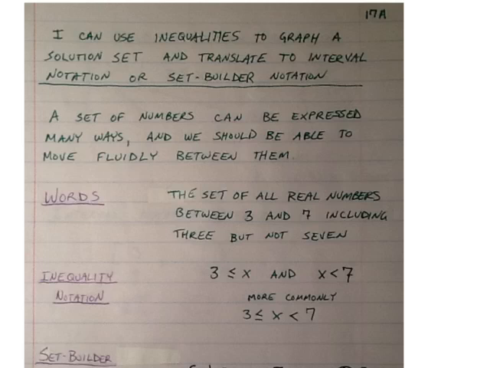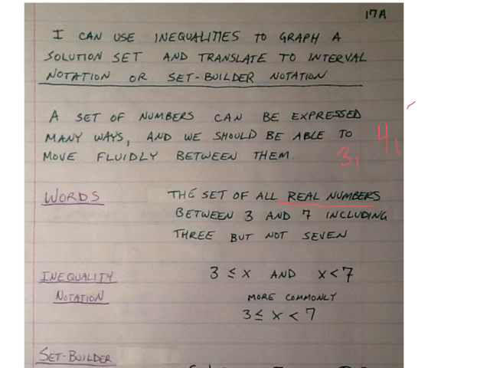Alright, so when we're talking about a set of numbers, we can express it in several ways. Originally, we first started talking about a set of numbers in words. We'd say the set of all real numbers between 3 and 7. So we couldn't actually list them all.